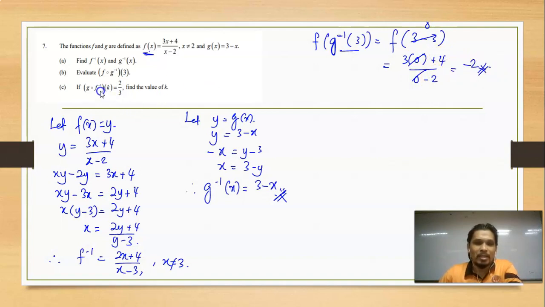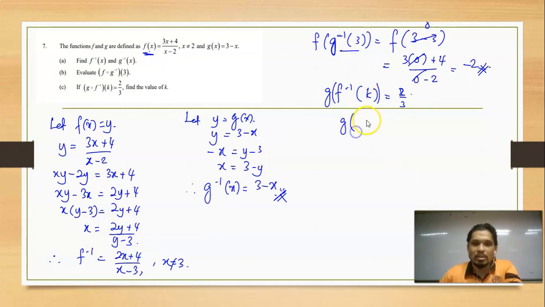And then next one here, let's say g of f inverse where x equal to k, equal to 2 over 3. So replace the x with k. Now what is f inverse? This one here, substitute x with k.